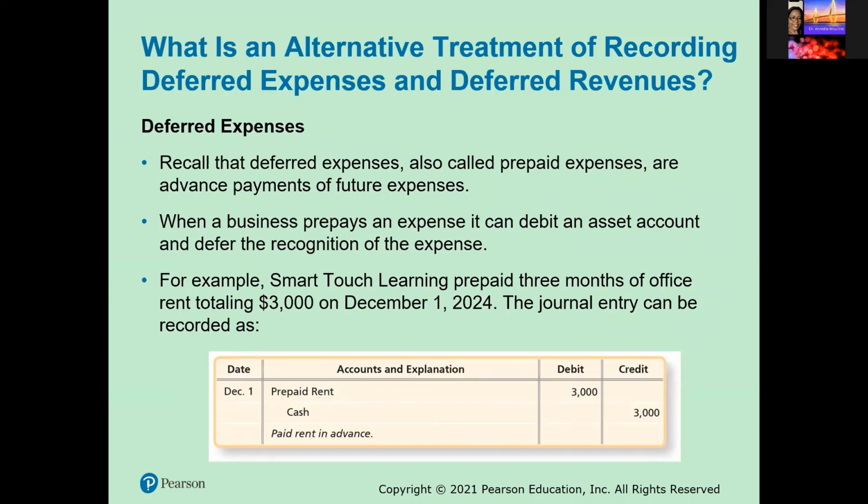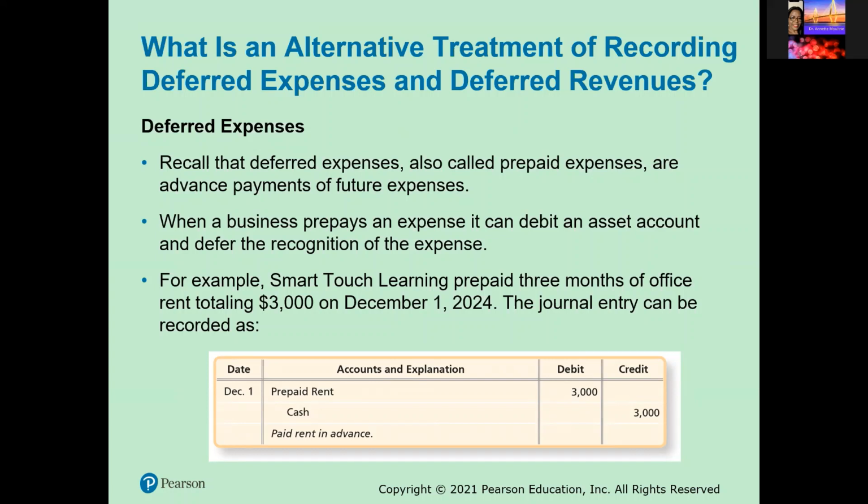Now recall that deferred expenses, also called prepaid expenses, are advance payments of future expenses such as insurance, rent, and advertising. Office supplies are also accounted for as deferred expenses.